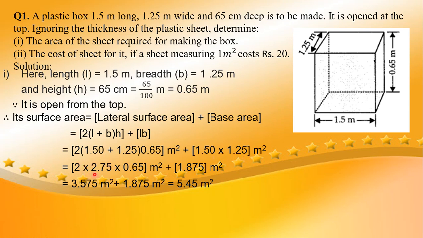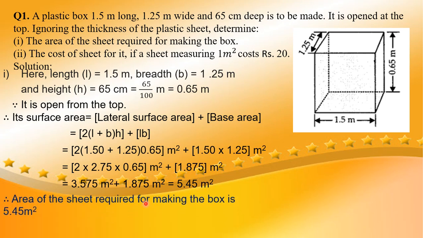By calculating and simplifying all these terms, we get the area of the sheet required for making the box as 5.45 meter square.